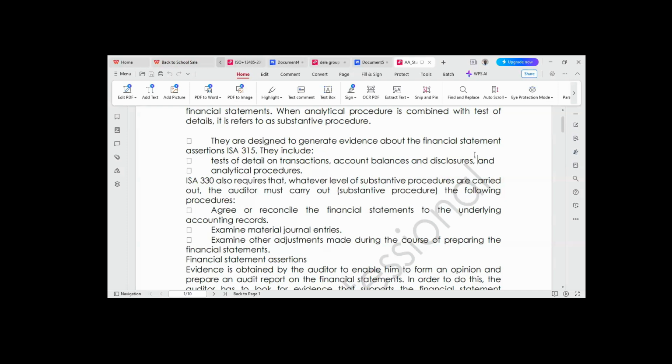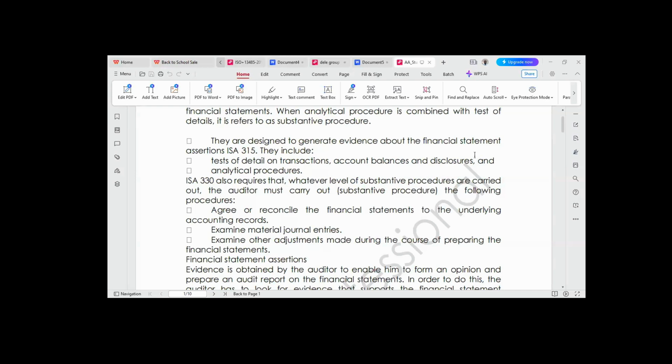You also need to examine material journal entries. You know that sometimes when the auditor is done with the engagement, when they're done with the fieldwork, when they're about to write their report, they normally pass journal entries, which we call audit journals.